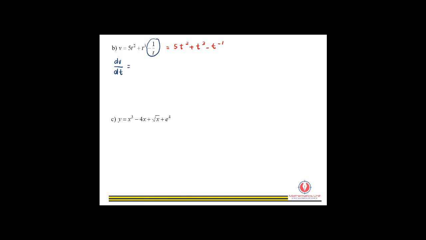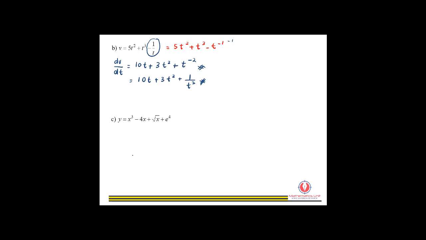Then differentiate dv over dt. Okay, so 5t squared is 10t plus t cubed is 3t squared. Okay, minus 1 is plus t, negative 1 minus 1 is negative 2. Okay, so this is the answer. Or you also can write down 10t plus 3t squared plus 1 over t squared.